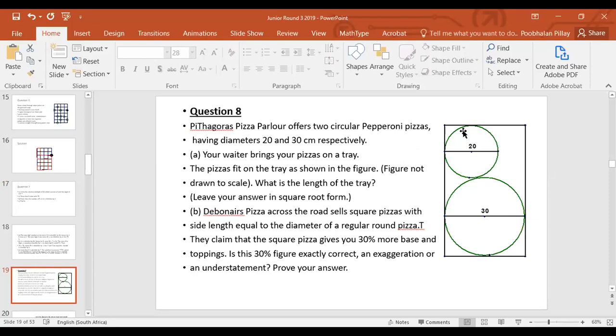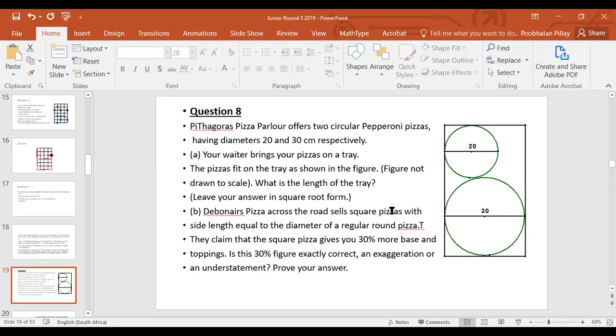You've got a tray. These are supposed to be pizzas. They make these pizzas in such a way that a small pizza and a large pizza fit exactly into the tray. No space left over. So this just barely touches it, right?